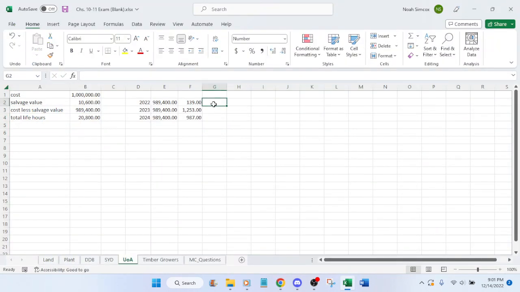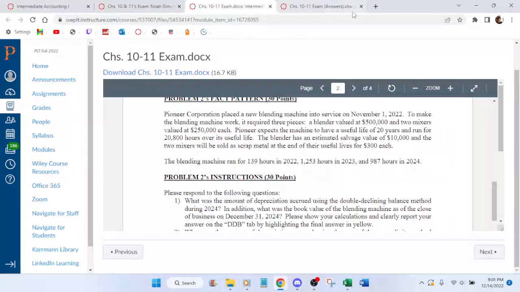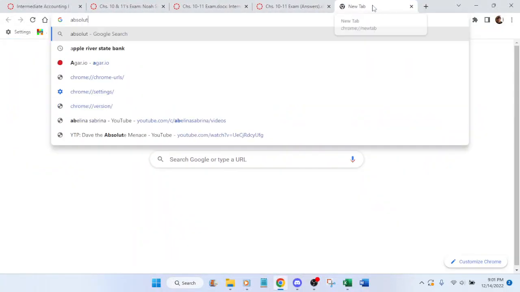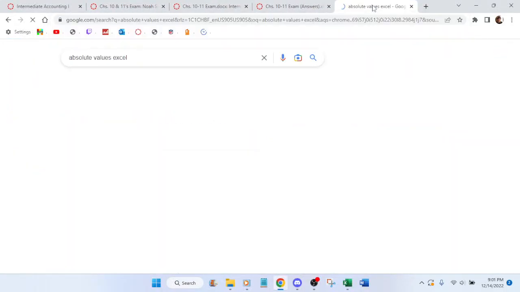So this number is going to be equal to this divided by, absolute values Excel.